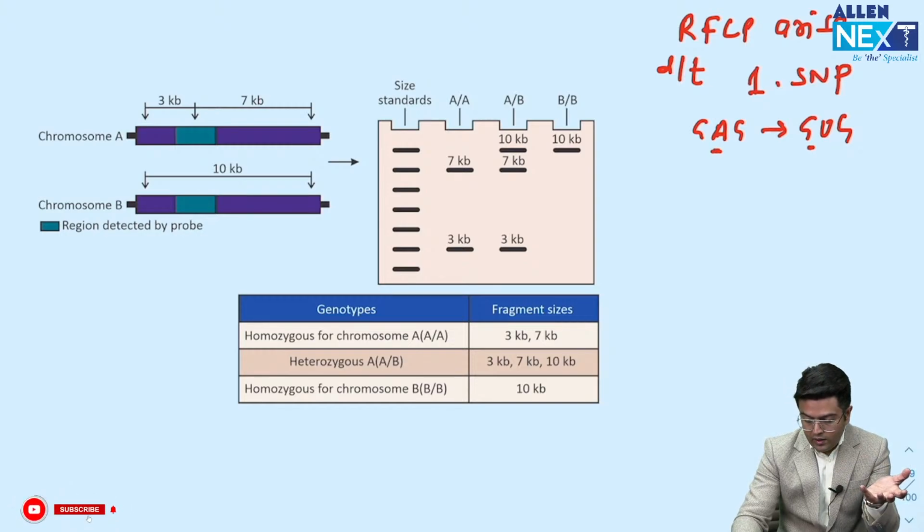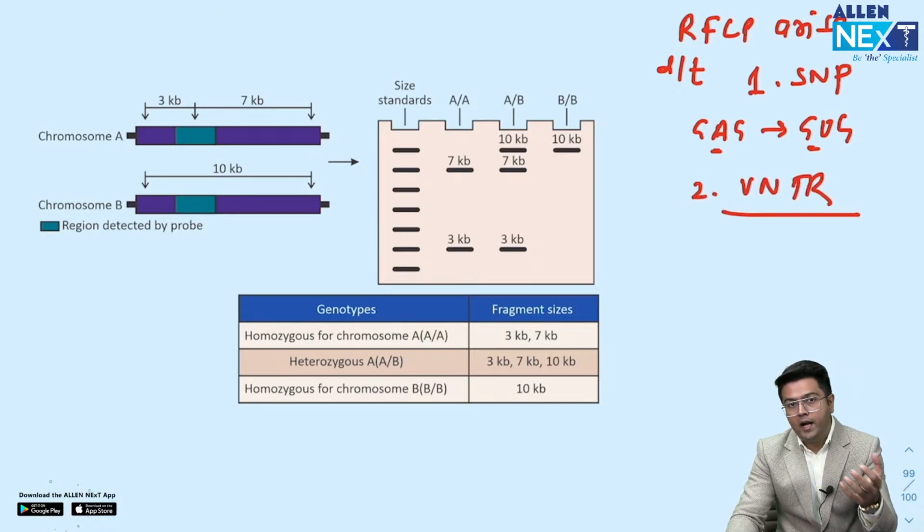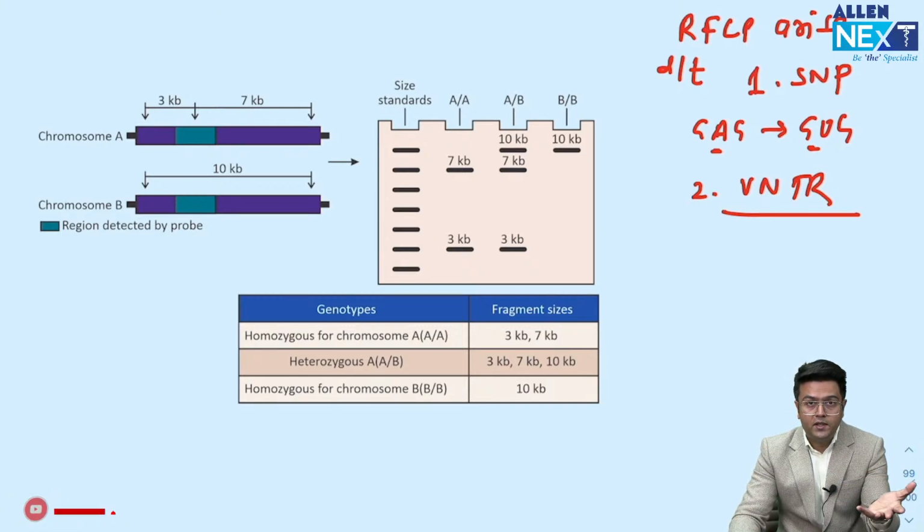So a single nucleotide is changed, that's a mutation. Or it can arise due to VNTR, variable number of tandem repeats. The length of VNTR differentiates individuals. That is also the basis of DNA fingerprinting, STR or VNTR.